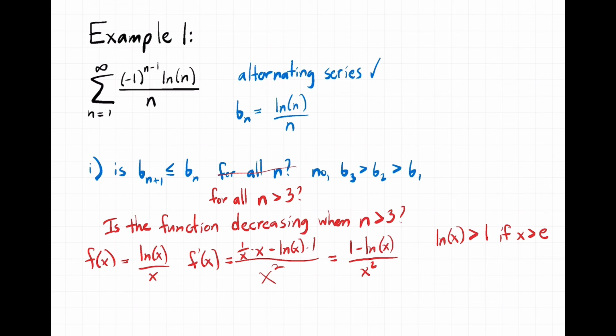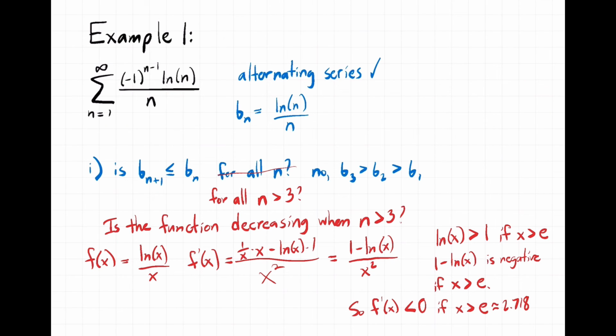So that means that 1 minus the natural log of x is negative if x is greater than e. And x squared is always positive, so that means that f prime is negative. It's less than 0 if x is greater than e, which is, of course, approximately 2.718.